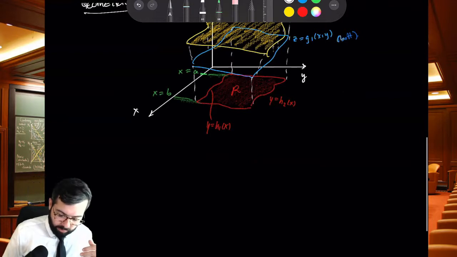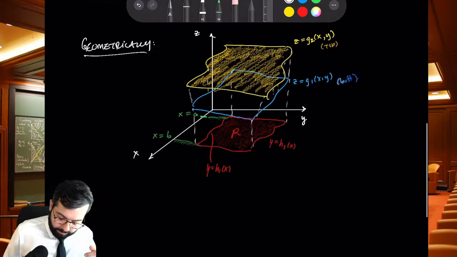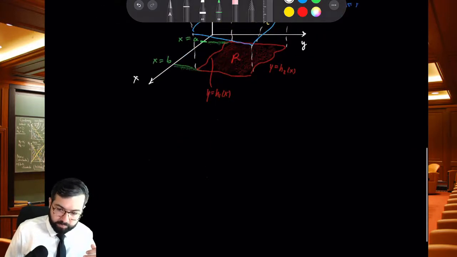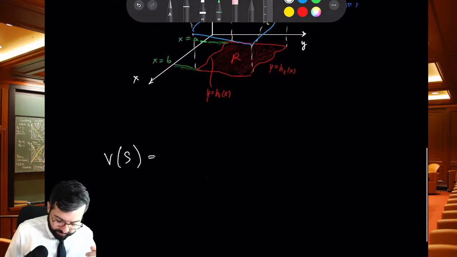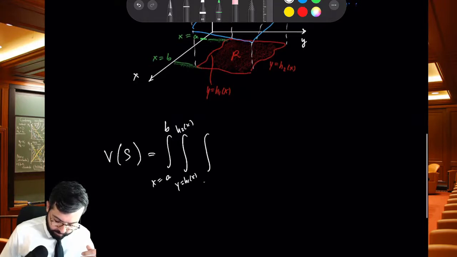But the way that we write this to give ourselves the most general form possible: if we call this big thing up here S, the solid, say that the volume of S is equal to the integral from x equals A to B, from y equals h1 of x to h2 of x, and from z equals g1 of xy to g2 of xy.